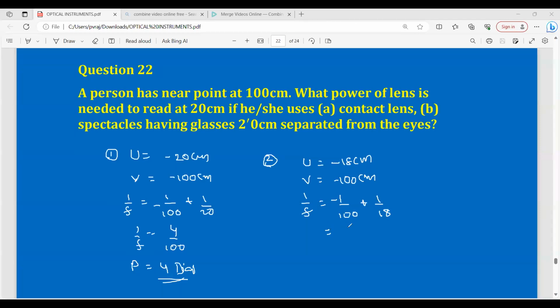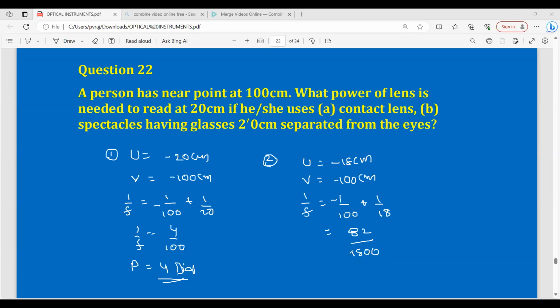Now you can solve this question. 1 by 18 minus 1 by 100, this will be minus 18 plus 100 over 1800, which is 82 by 1800.